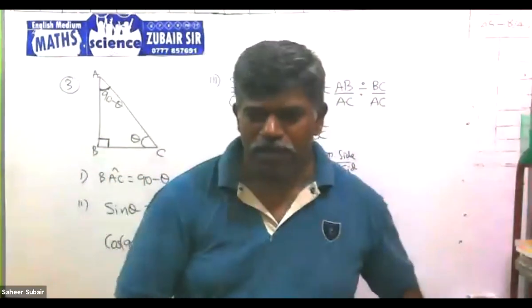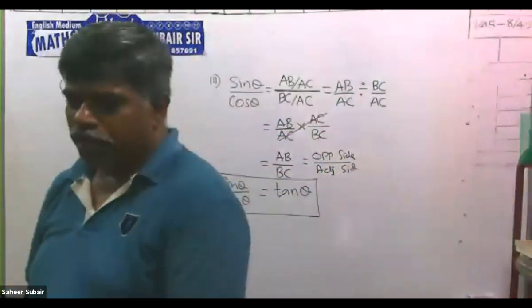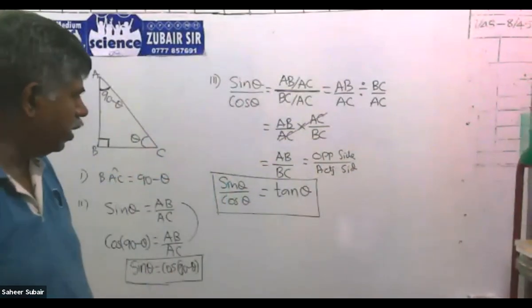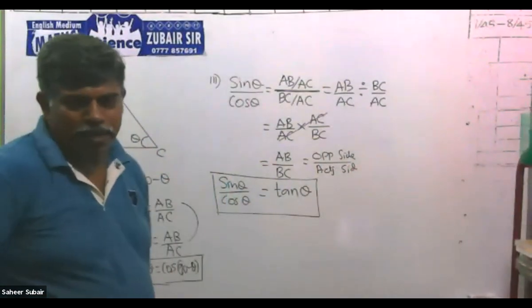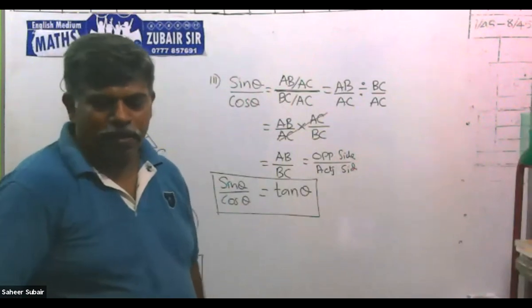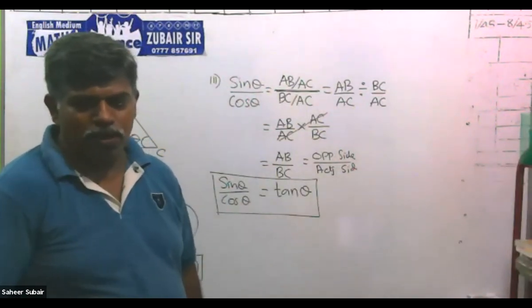We are not using it at all levels, right? Tan theta is sin theta over cos theta. That means tan 30 is equal to sin 30 over cos 30.